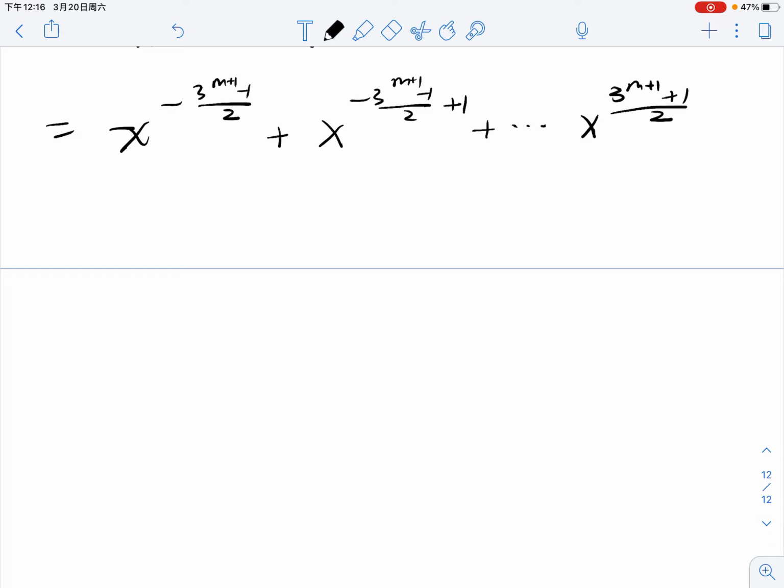And then we see that we can weigh each weight between 1 and n.